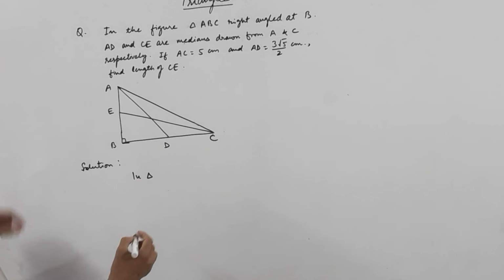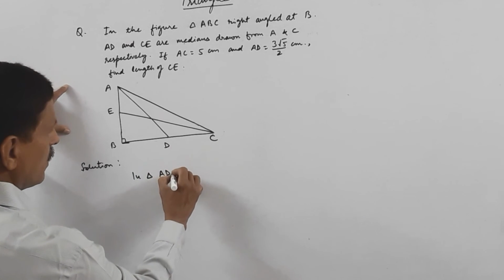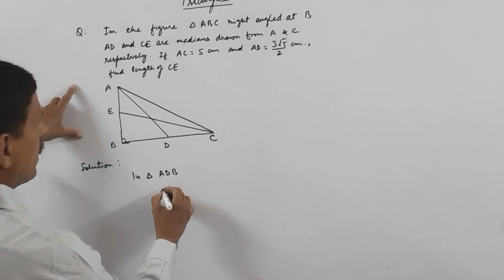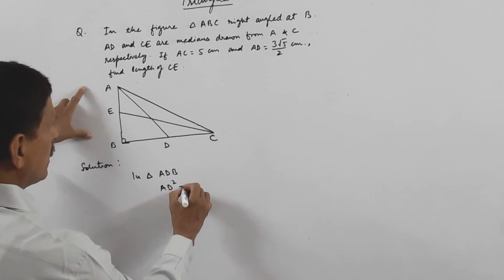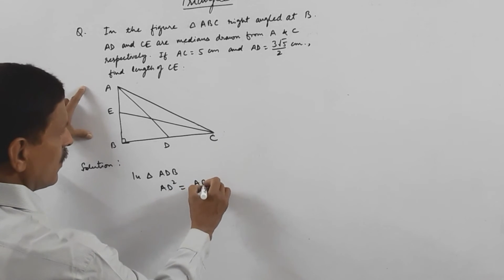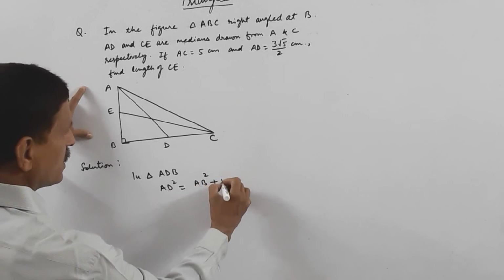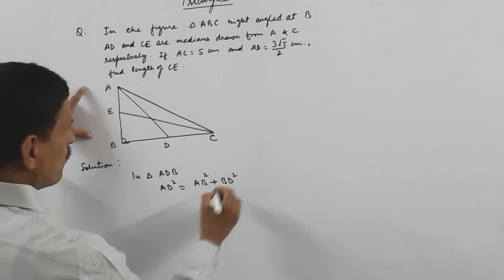In triangle ADB, we have AD square is equal to AB square plus BD square.